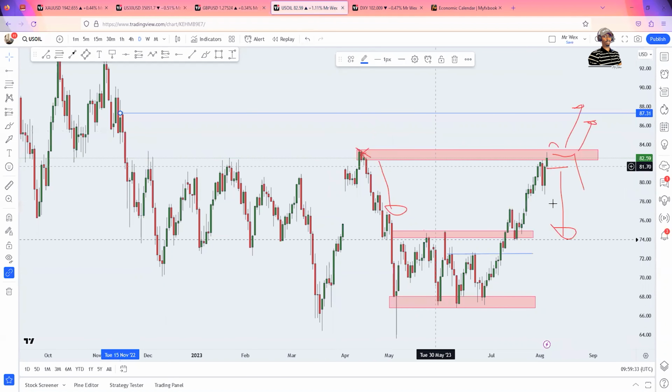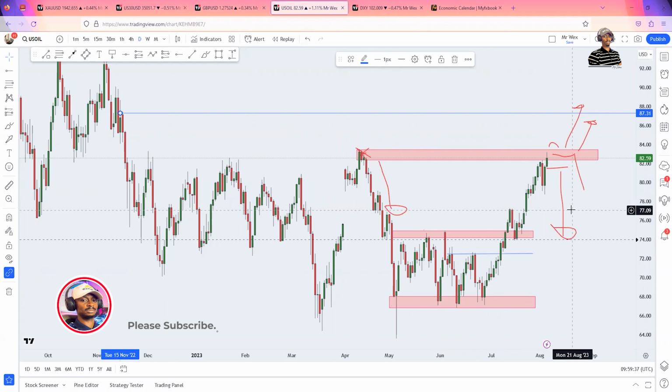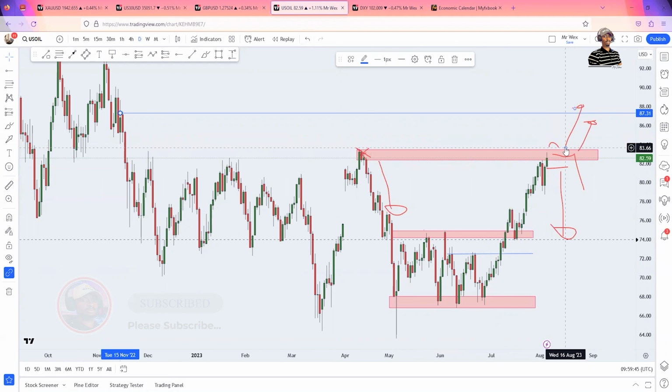And US oil, we are more confident in the sell, but of course the structural price action is going to tell us which direction to go for based on a break and retest of the current structure or a close below Friday's candle low. That will give us a determining factor to know which direction to go for on US oil. But then again, the bias is more pronounced to me.